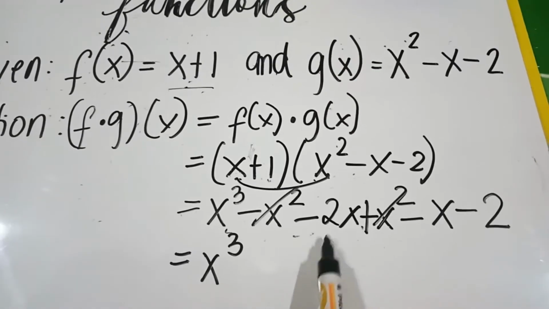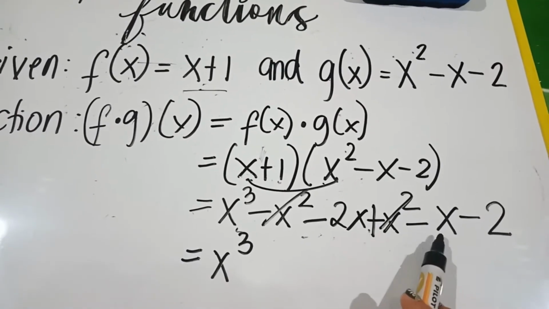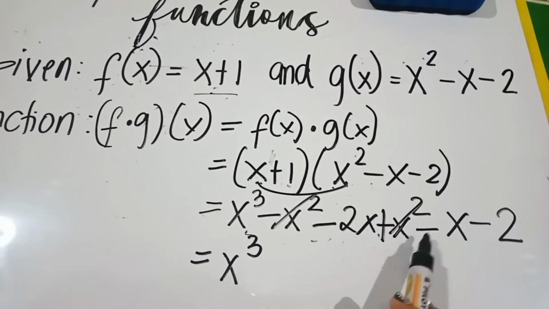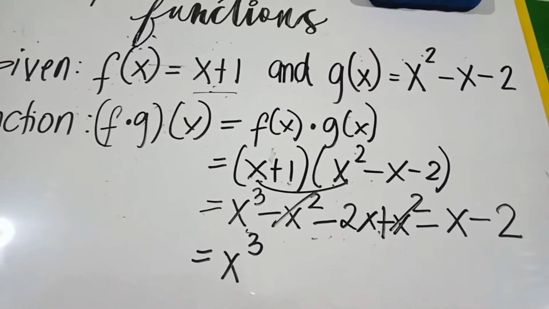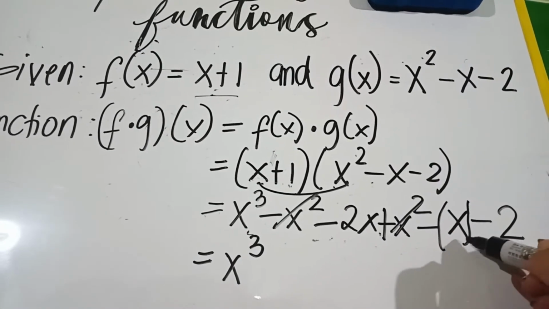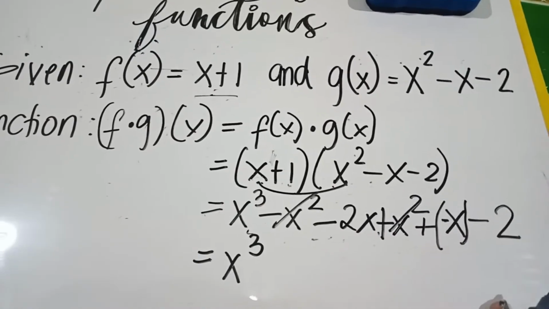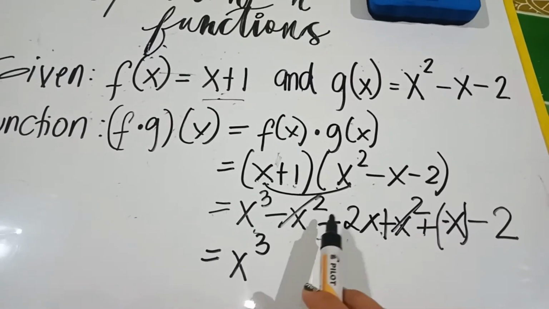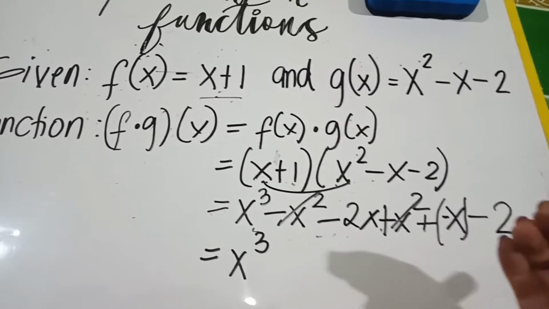Okay, next one is that 2x and x. Pareho sila ng variable na x. So, negative 2x minus x. So, dahil subtraction yan, di ba ang ginagawa natin, yung nasa baba or nasa huli, chini-change natin lahat ng sign. So, instead of positive x, magiging negative yan, and this one ay magiging plus po yan. So, mag-a-add tayo ng like terms. Ibig sabihin, proceed to addition and copy the common sign.